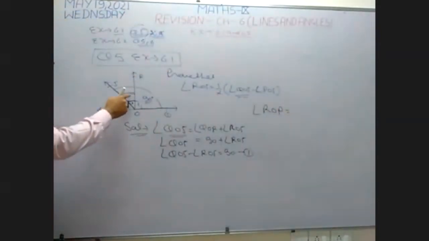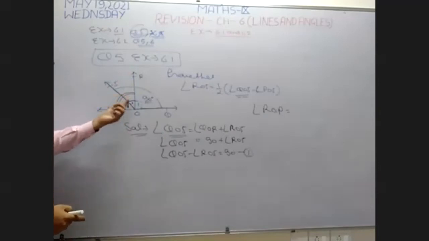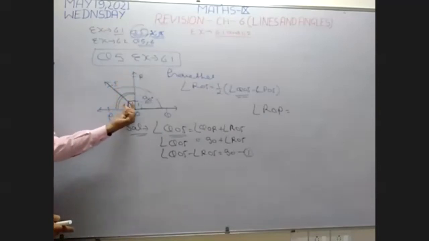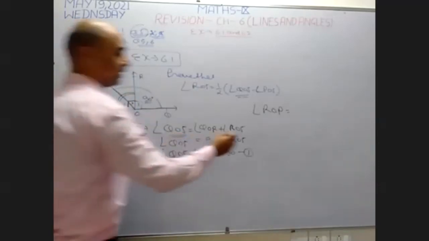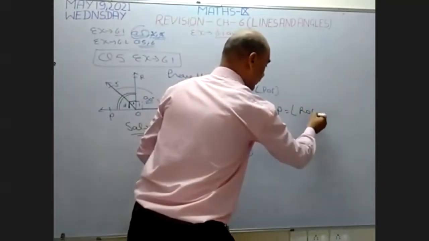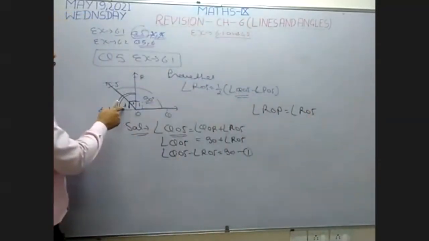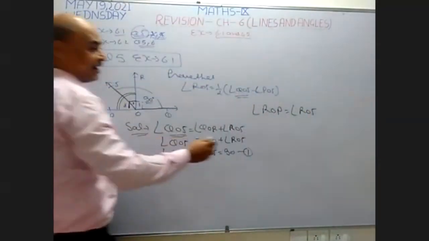How many angles are there in angle ROP? Angle 2 plus 3. Angle 2 is there, angle 3 is there. It means ROP is the sum of these two angles. The second angle's name is ROS. So I write here ROS. And what is the name of the third angle? POS. I write here POS.